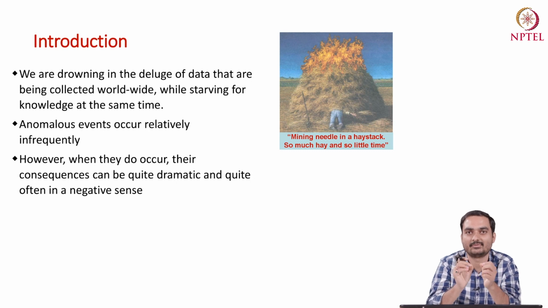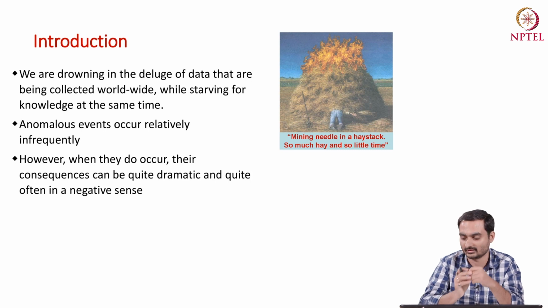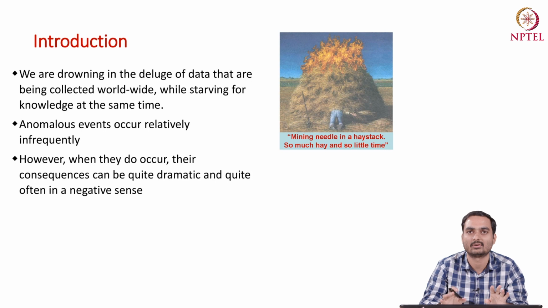So it is extremely difficult to spot anomalous behavior in the context of a social network, and not only in the context of a social network, but in general. In any outlier detection application, generally the proportion of outlier data points is much lower than the genuine data points. So it is essentially mining a needle in a haystack, right?